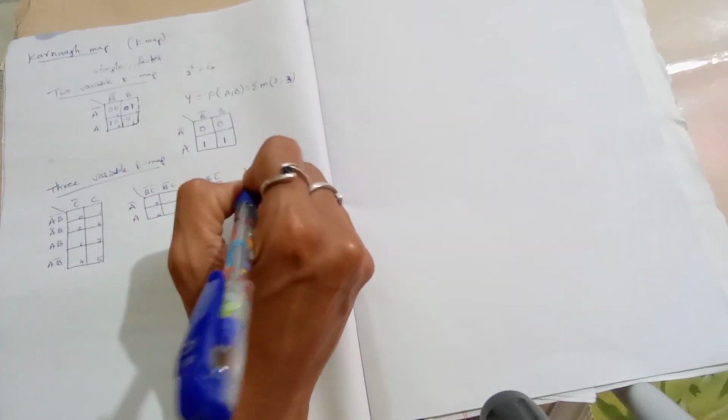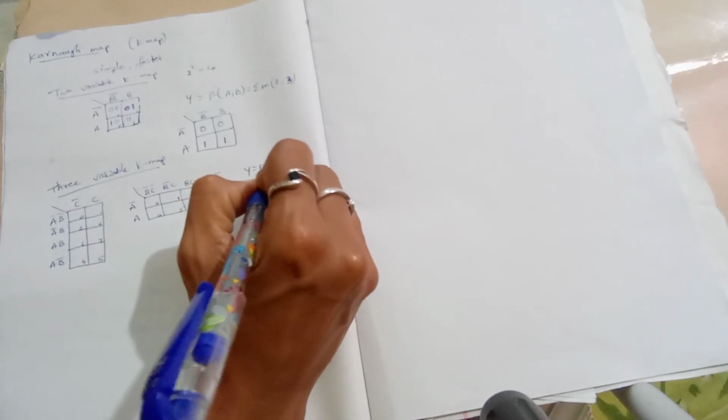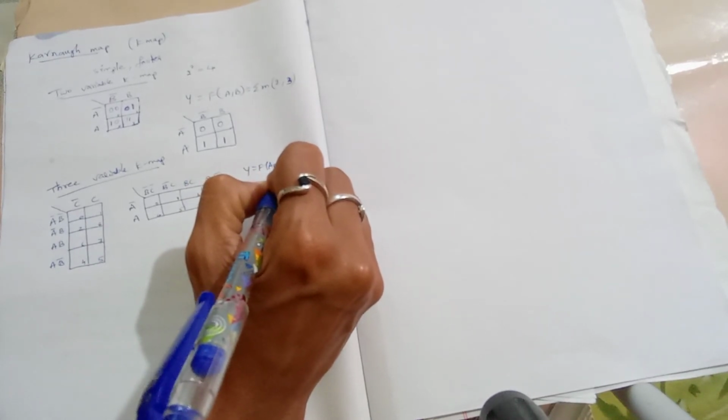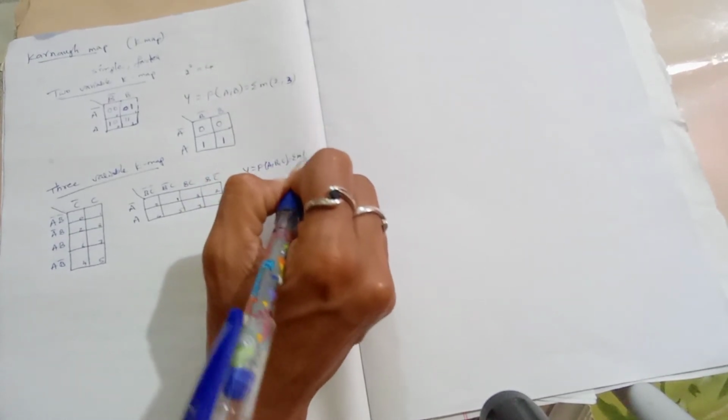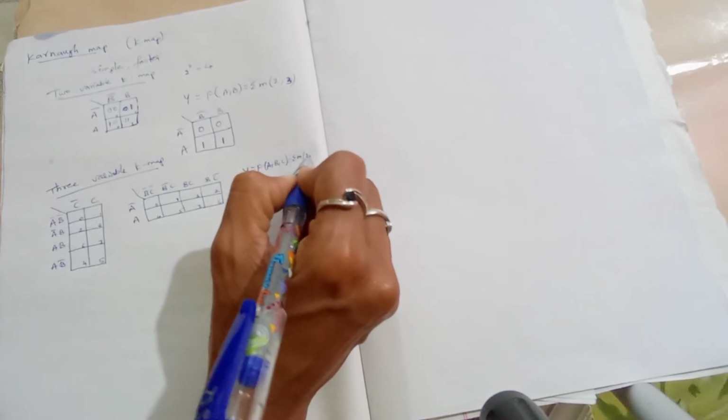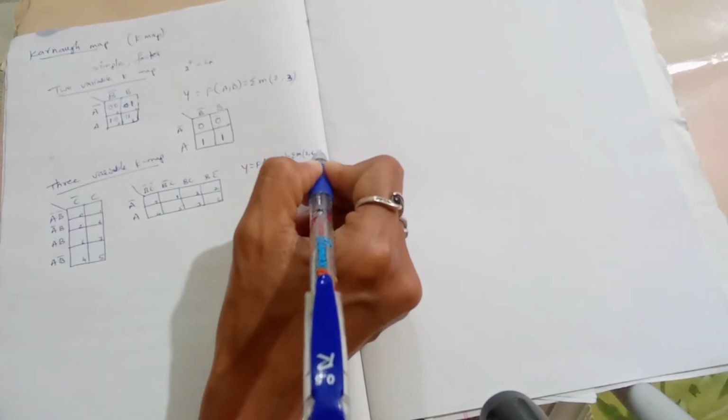And for example, if you take any SOP function, you can place the values in your 3 variable map. For example, here the function y is equal to f of a comma b comma c is equal to summation m of 2 comma 6 comma 7. This is the example taken.